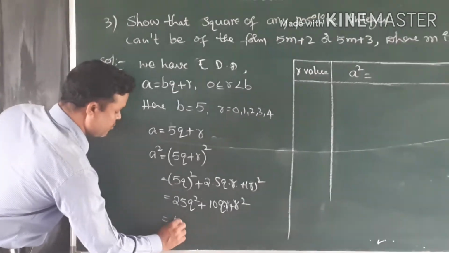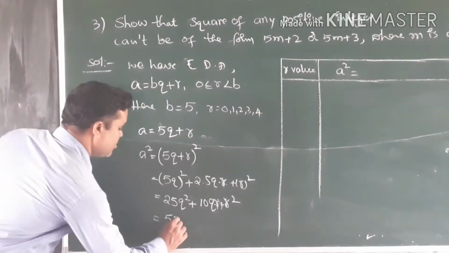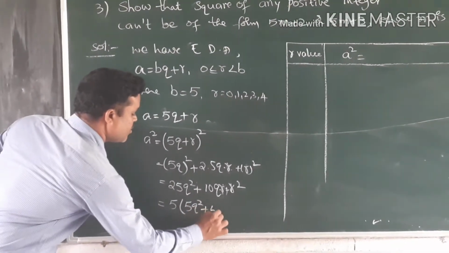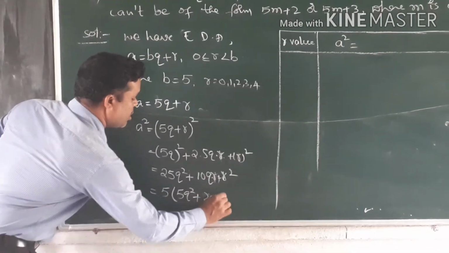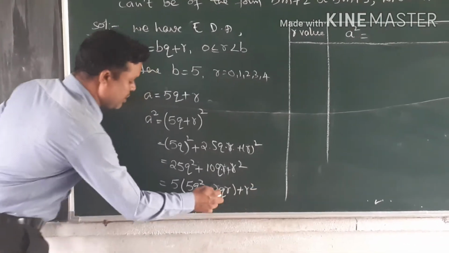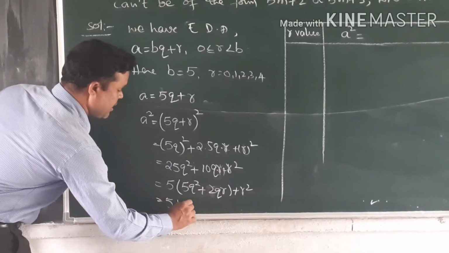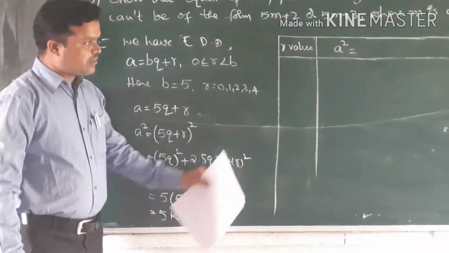So simply you keep r square in separate form. You can take 5 as common: 5 into (5q square plus 2qr) plus r square. Take this total term as some integer k, so 5k plus r square. This is the final form.